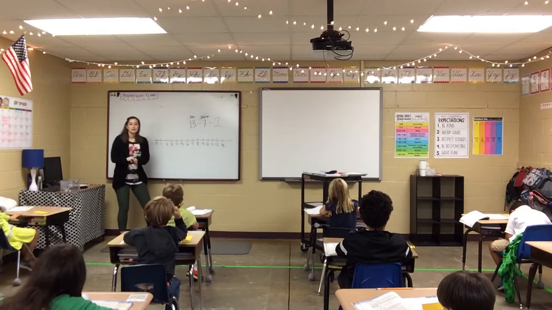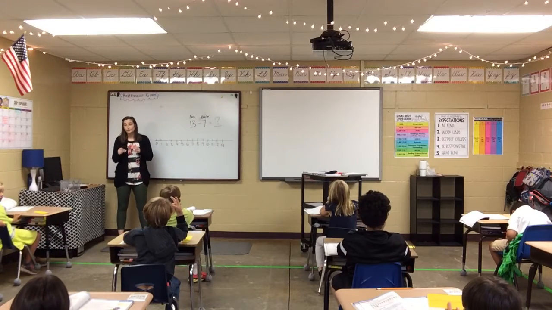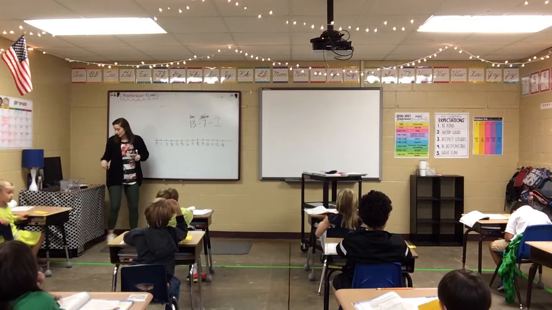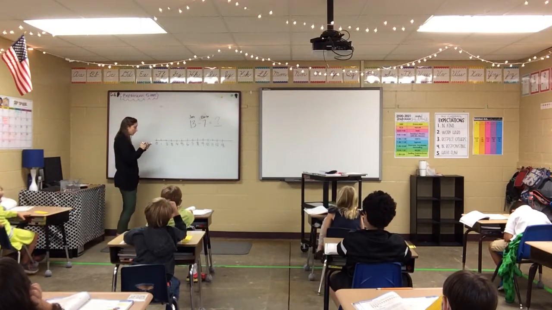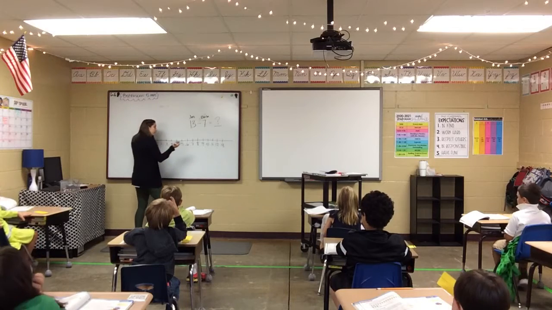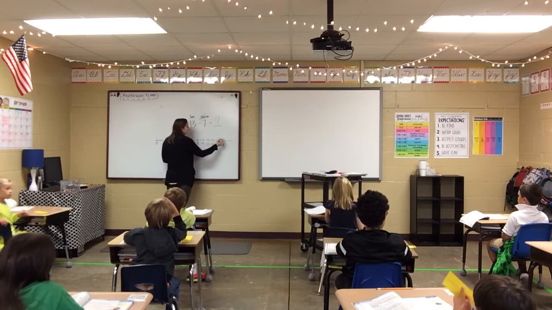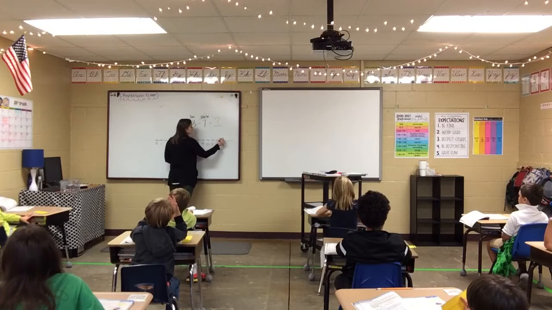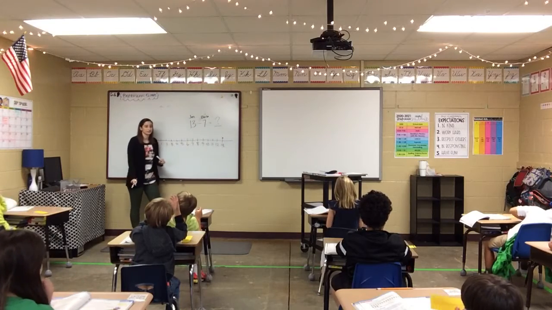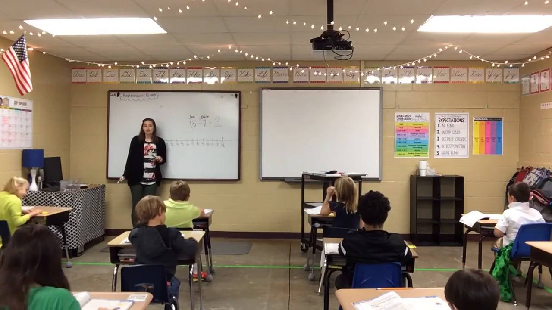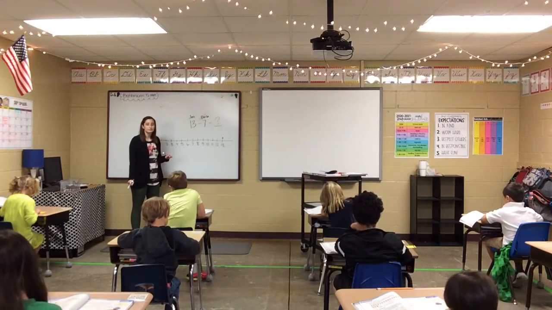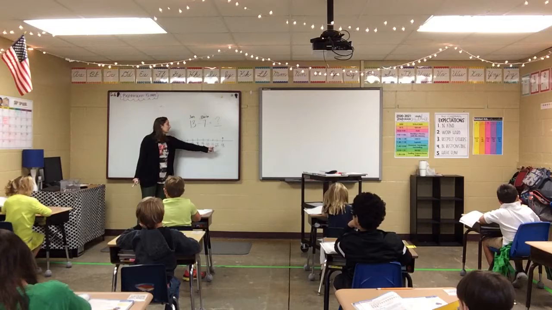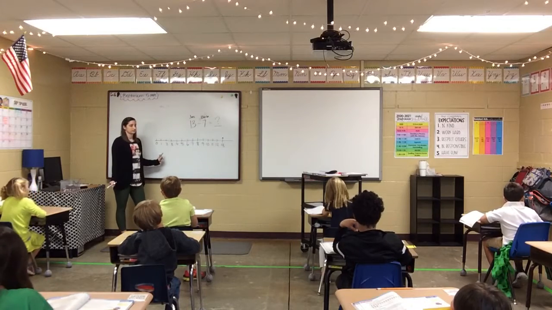One way that we can do it, I'm going to do it in purple. We can put our finger on 13. Put your finger on 13. Now, we're going to go down the number line.